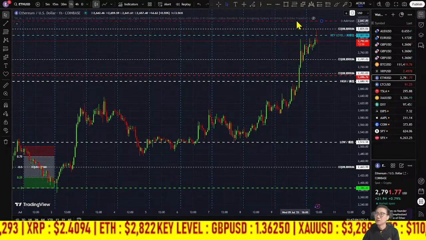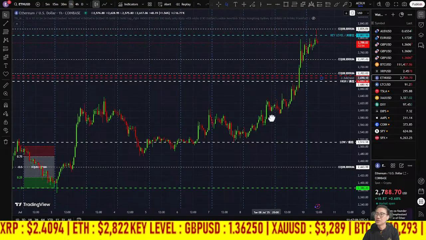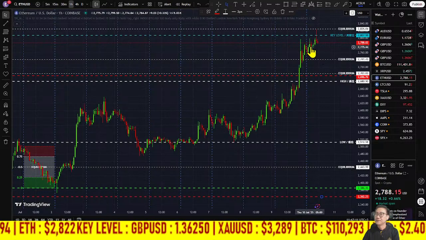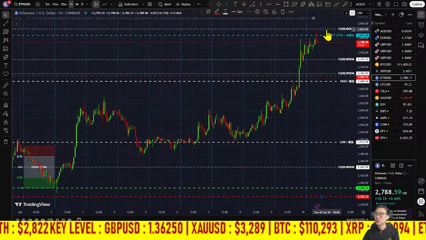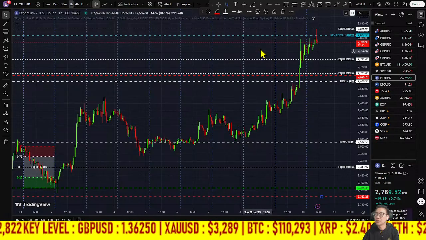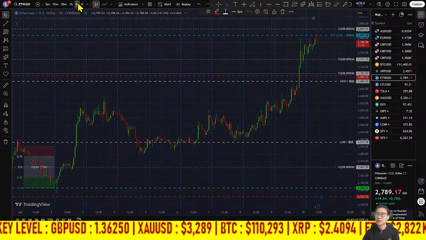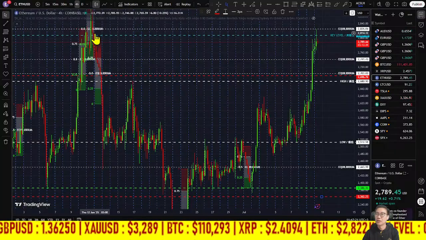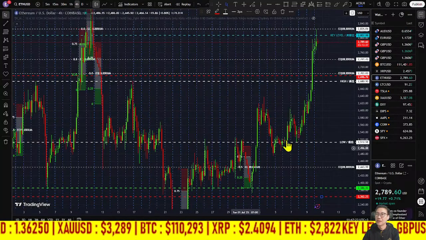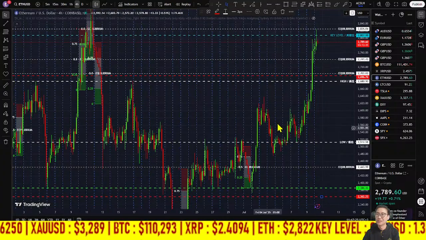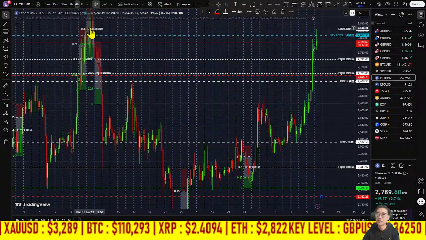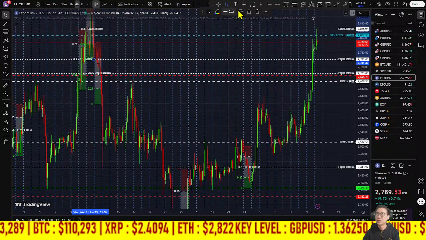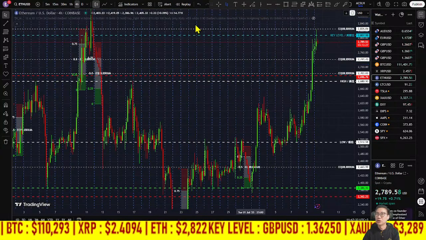Let me remove this first. Let me go down all the way. Over here it touches 2826. As we can see, 2826 was a target here for quite a while. Right now it has recovered everything nicely and tested into this area here. So I guess we should take this out since it's already gone.